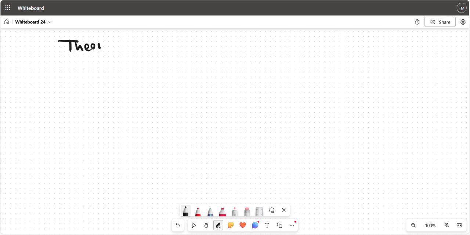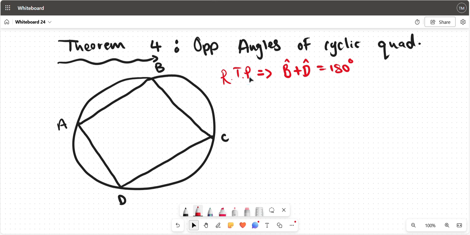So theorem 4, what theorem is this one? All right, so this one is quite interesting. I won't say it's my favorite, but it's close. It's my second favorite, right? So what this one is saying is about opposite angles of a cyclic quad.